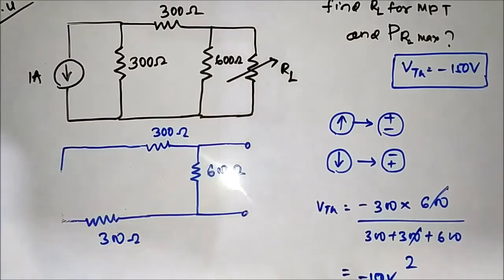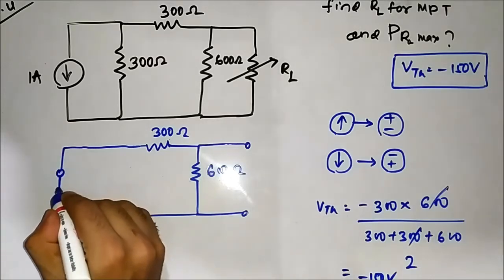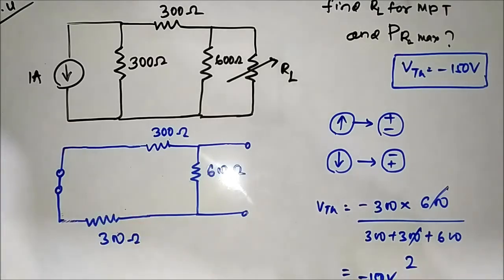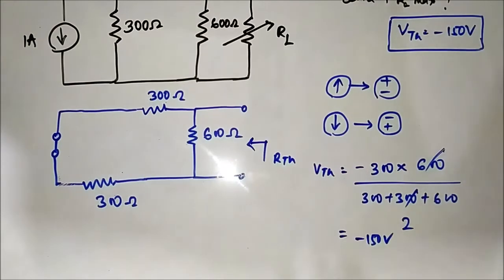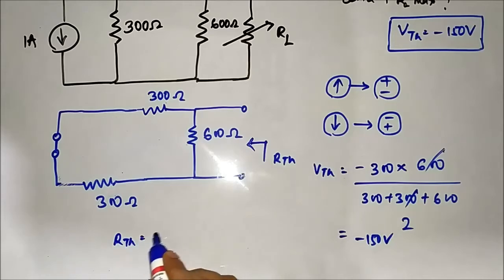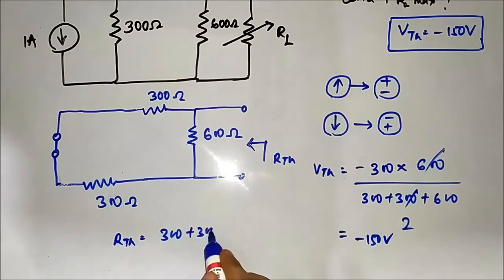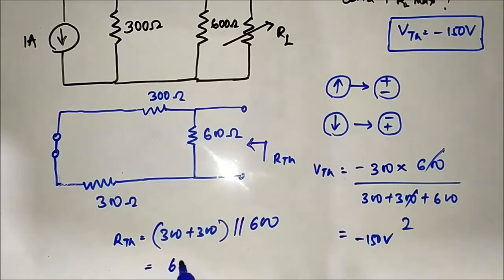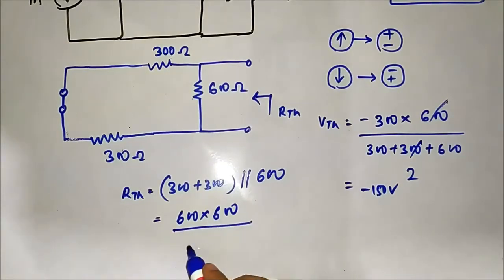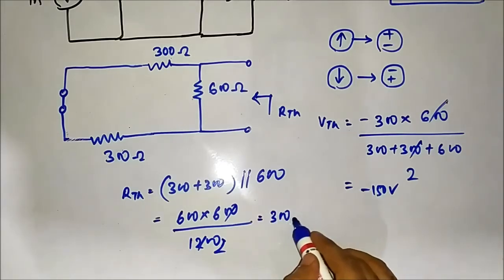So here we can short circuit this voltage source, and we will get RTH as (300 plus 300), because they will be in series and the resultant will be in parallel with 600, that is 600 parallel 600, which is equal to 600 into 600 divided by 600 plus 600, that is 1200, that is equal to 300 ohm.